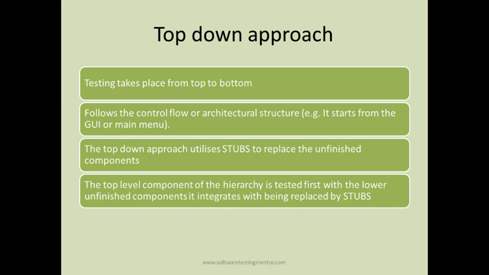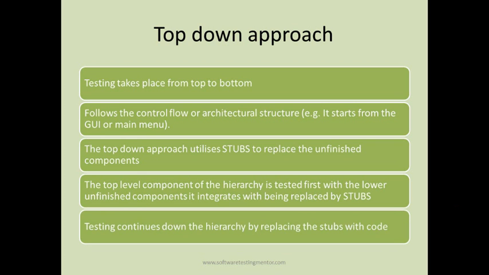The top level component of the hierarchy is tested first, with the lower unfinished components being replaced by stubs. Testing continues down the hierarchy by replacing the stubs with code. So suppose the top level module is ready. Second level modules were not ready, so they were replaced by stubs to test level 1.